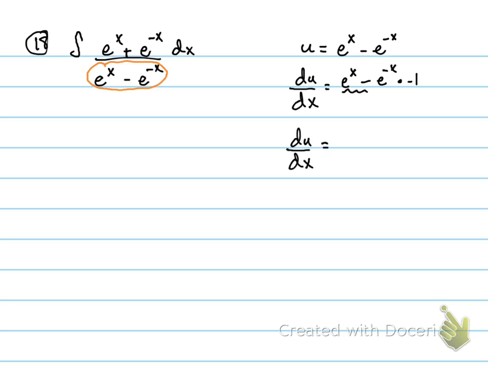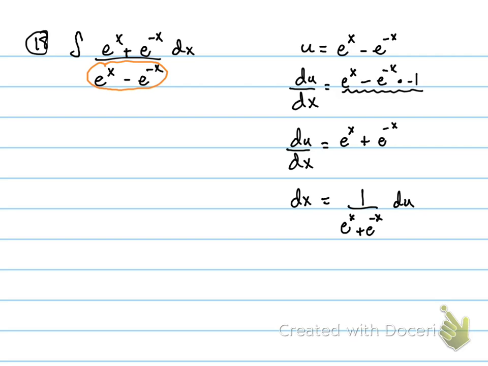This actually simplifies a little bit. That's going to be e to the x plus e to the negative x. Okay, do some simplification around. So let's flip everything. That's 1 over e to the x plus e to the negative x du.